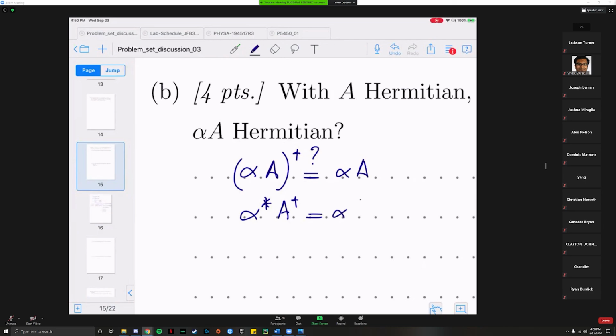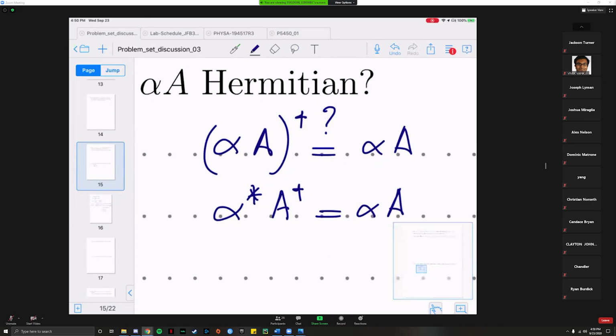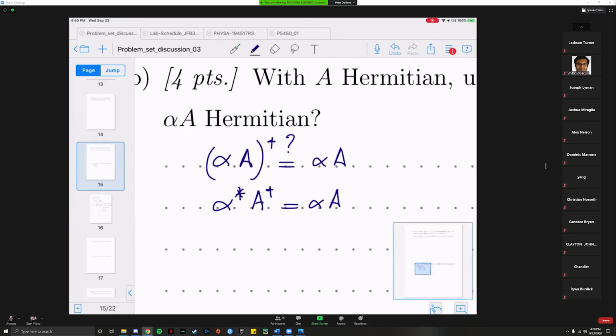Yeah. Transpose and complex conjugate make sense only if you're dealing with a specific matrix representation. Well, here we just have the operator, right? Yep. So you need to have alpha star.